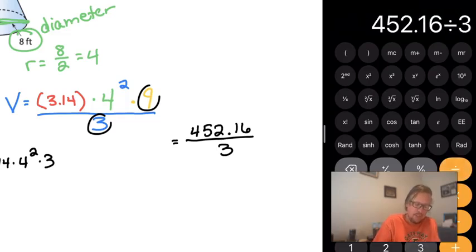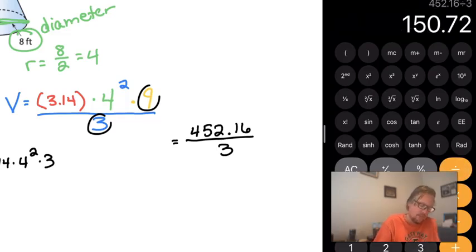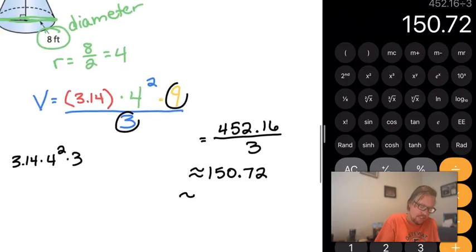Make sure I actually put it in correctly this time. There we go. So it's approximately 150.72, and I'm going to round this to the nearest tenth as the problem requested. So 150.7. These measurements were all in feet, so it's going to be cubic feet.